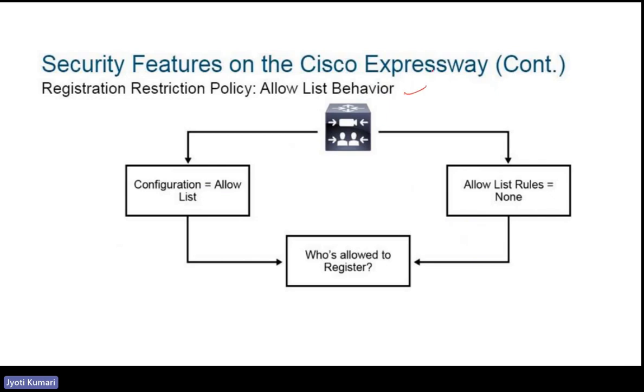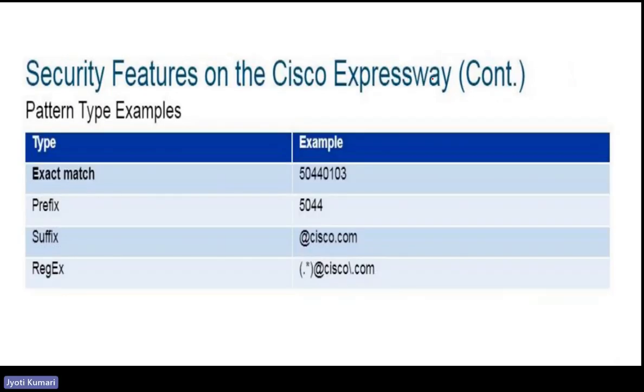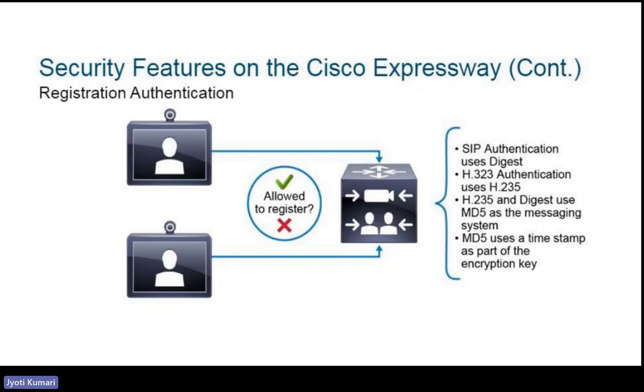This is just the same behavior as the allow list, how it works, which we have already done. Deny list, all right. In those, we can also use the same patterns to match the allow or deny endpoints based on exact, prefix, suffix, or regular expressions.